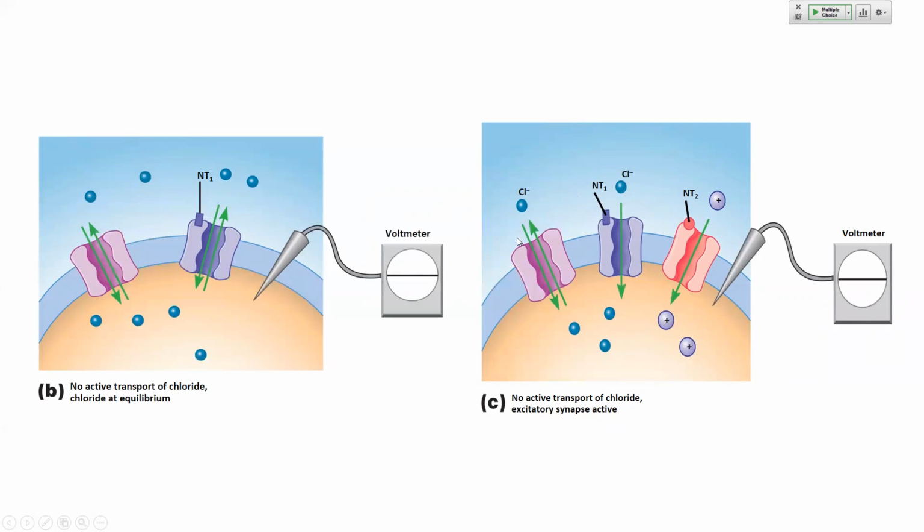This is a neuron where we have two different synapses. We have one, which is inhibitory from chloride. We have two, which is excitatory. So we're opening up a sodium channel here. We're bringing sodium into the cell, but we're also bringing chloride into the cell. But chloride is a negatively charged ion. It's going to negate or cancel out the positive that we're bringing into the cell.